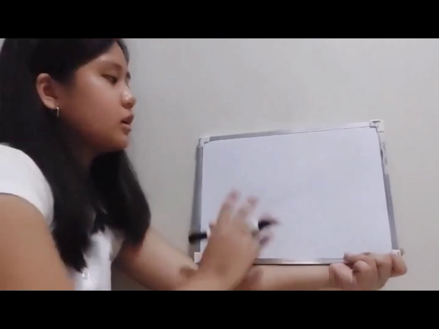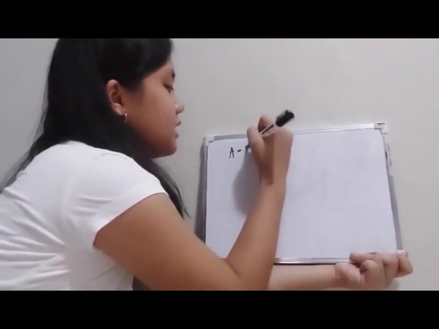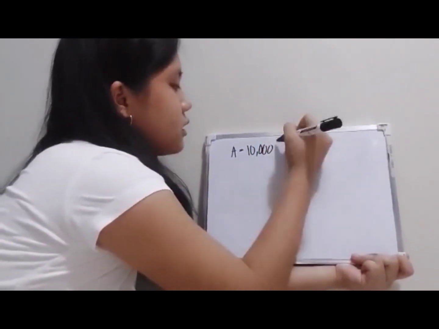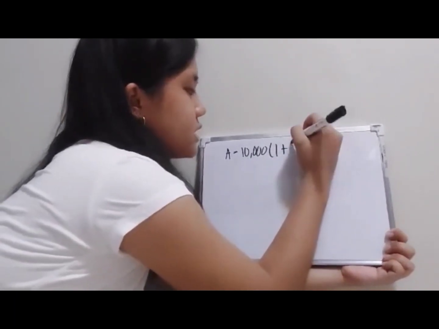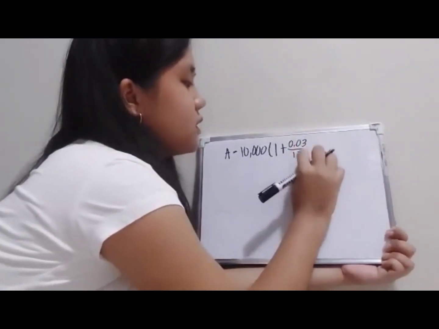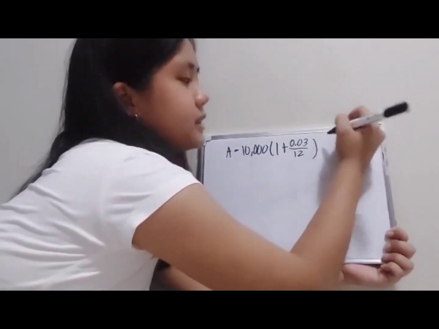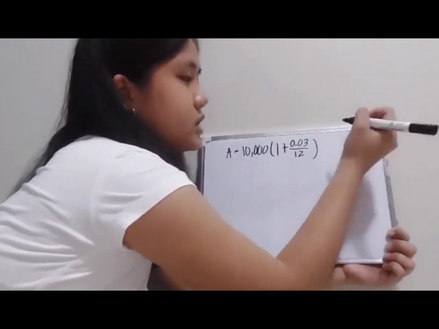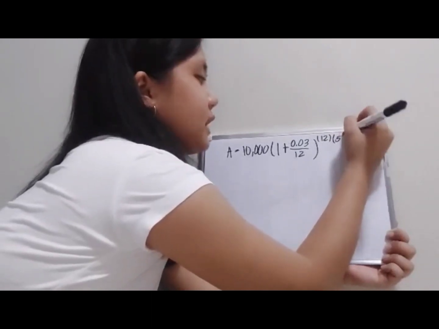To continue, we will just replace the letters with the numbers equivalent to it. A is equal to P, which is 10,000, times 1 plus R over M, which is 0.03 over 12, which is 12 months, and the 3% from earlier, raised to the power of M times T, which is M meaning 12, and T time is 5.